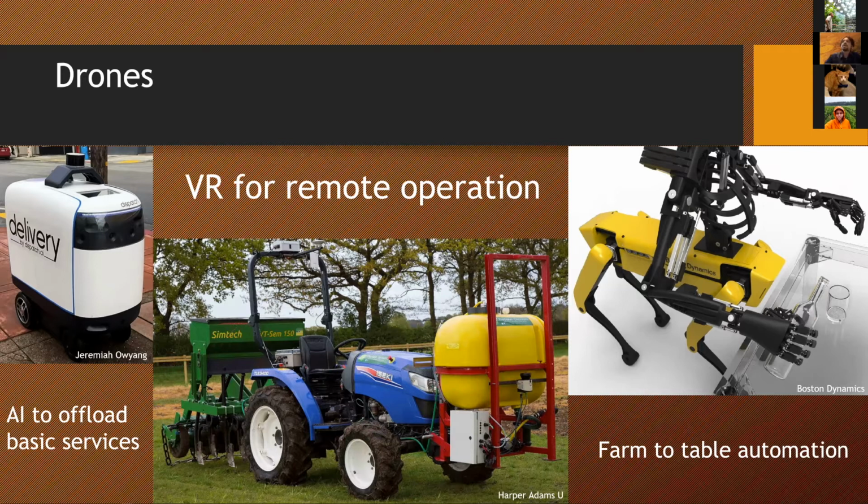Our image on the right here is one that you may recognize, may not recognize. The yellow base here is the Boston Dynamics Spot robot, but this is just to illustrate that a lot of the drones that we're familiar with might be used in more diverse ways as well.